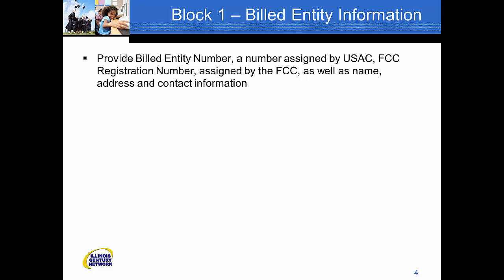Regarding the billed entity number, if you don't already have one, you can call USAC, and for the FCC registration number, if you don't have one or you have forgotten it, you can call the FCC. In the instruction document that I'll point to later, you'll have contact information on how to contact USAC or the FCC to get those numbers.